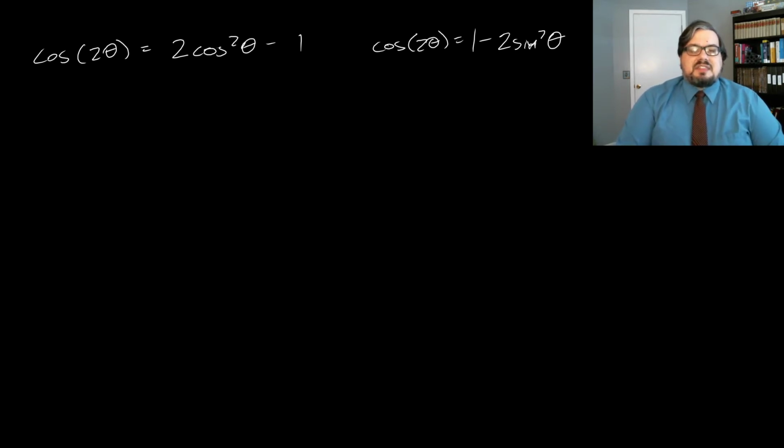Instead of thinking of theta as being the angle that we start with, the one that we give a name to, we could also think of 2 theta as our starting point.